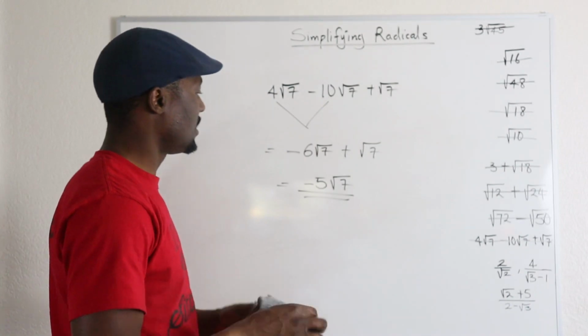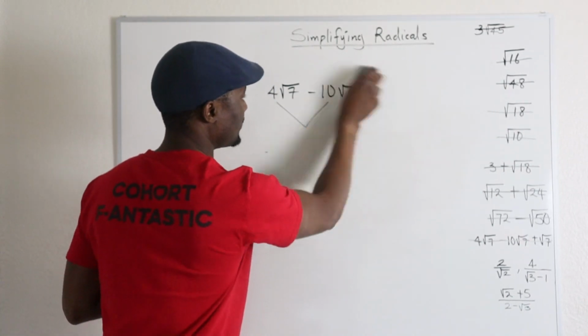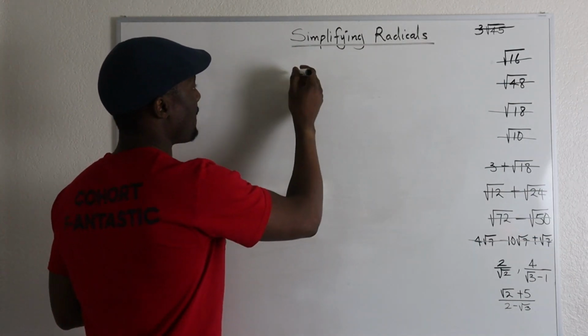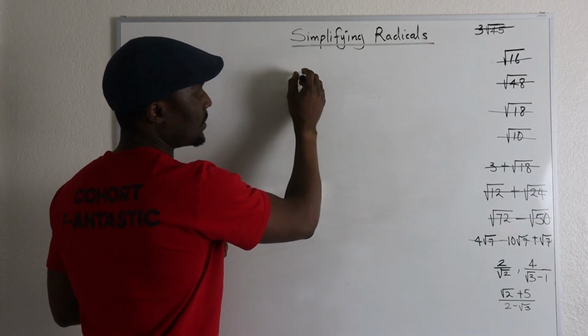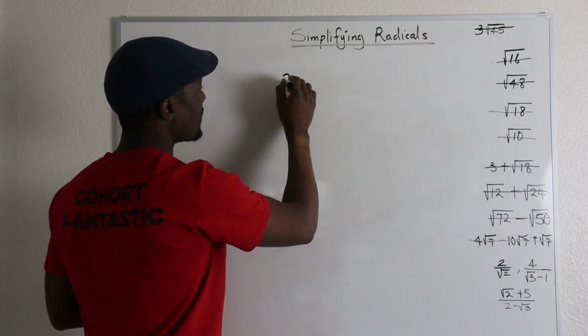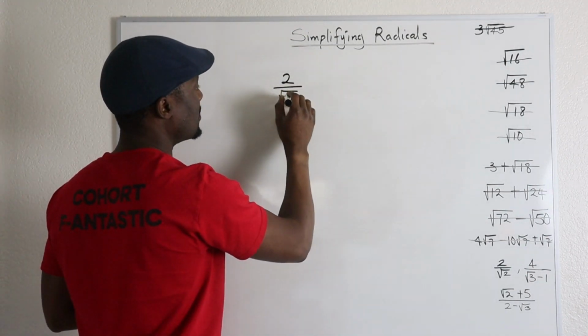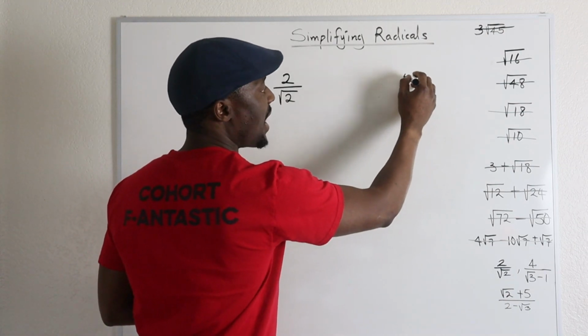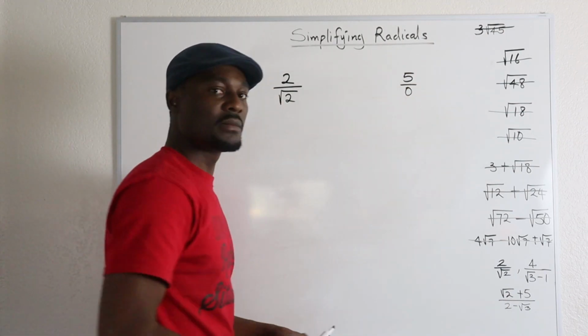So I'm going to get rid of this. So if you have 2 divided by rad 2, it's as if you have something like 5 divided by 0.